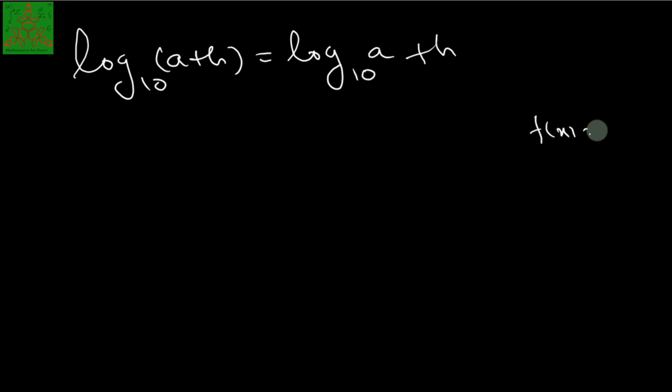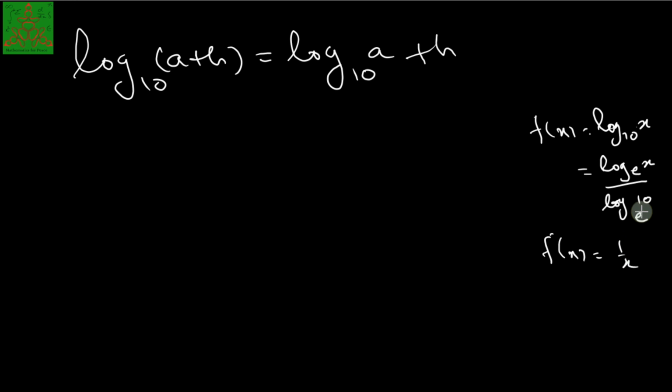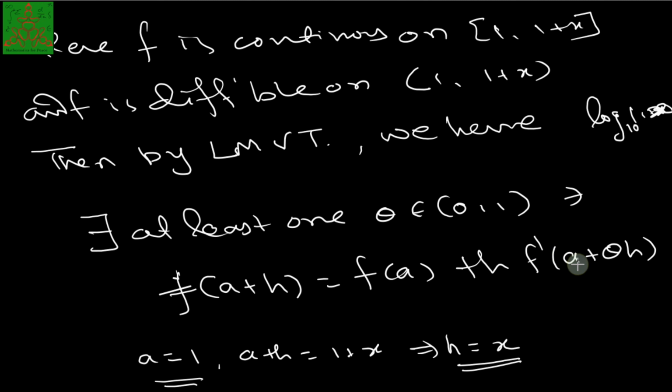Now f of x is log base 10 of x, so it is log e base x upon log e base 10. So the derivative f dash of x is 1 upon x, and this quantity, if I want to write in the numerator, I can write log of e base 10. So it is log 10 base e upon x. That is the derivative f dash.